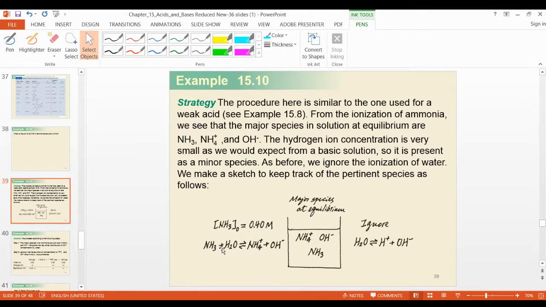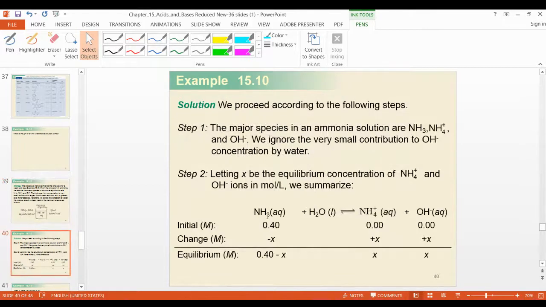Now it reacts with water, giving ammonium and OH minus. We will not consider the water; you only look at the ions present: NH4 plus, OH minus, and the reactant NH3. We use the ice table because this is a weak base. Ammonia reacts with water to give NH4 plus and OH minus.